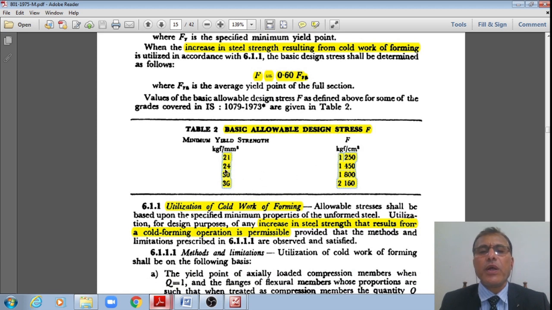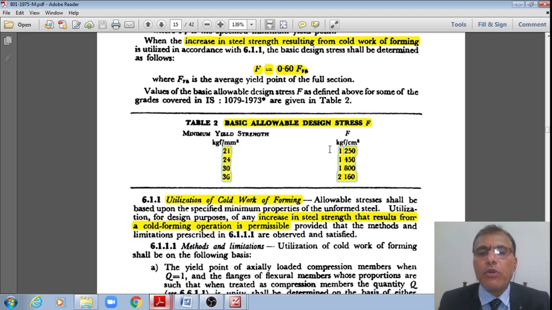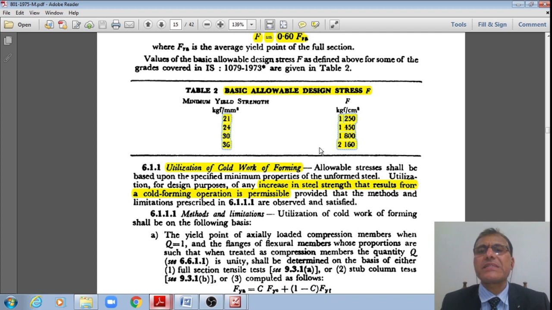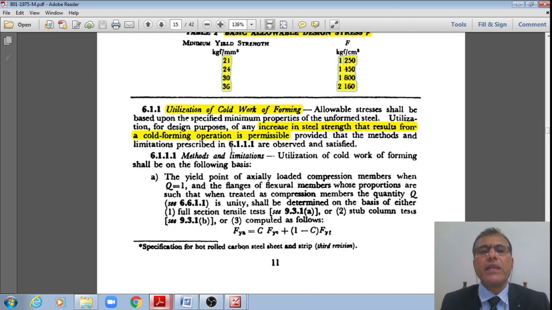Like that, 0.6 multiplied by 2400, 1450. 0.6 multiplied by 3000, 1800. 0.6 multiplied by 3600, 2160. These are the permissible or allowable basic design stresses, F, right? Now next subheading, utilization of cold work of forming, right?